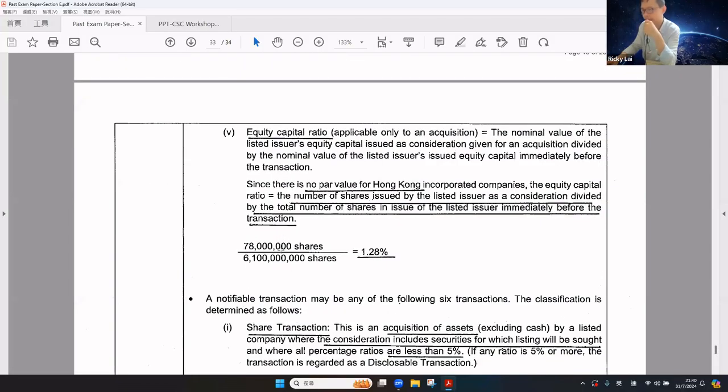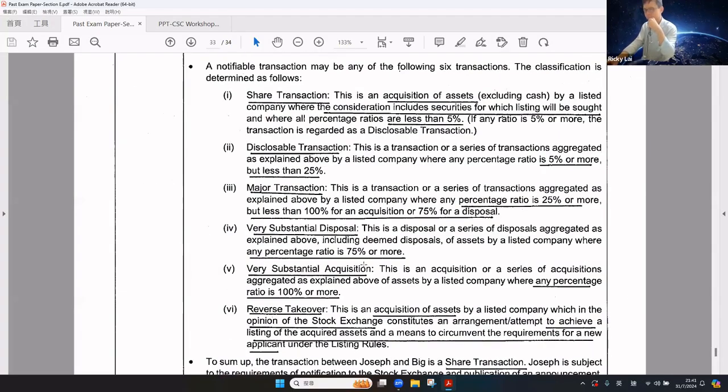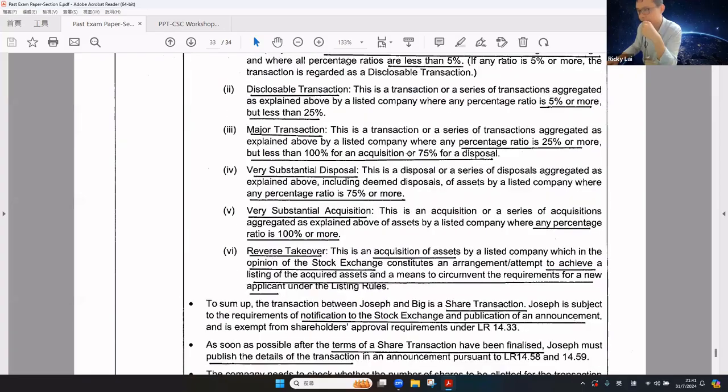You can see that's very straightforward. The new issue of shares is 78 million shares, and the issued capital is 6,100 million shares, so the result is 1.28%. And please also list out all the 6 types of transactions according to Chapter 14 of the listing rule.